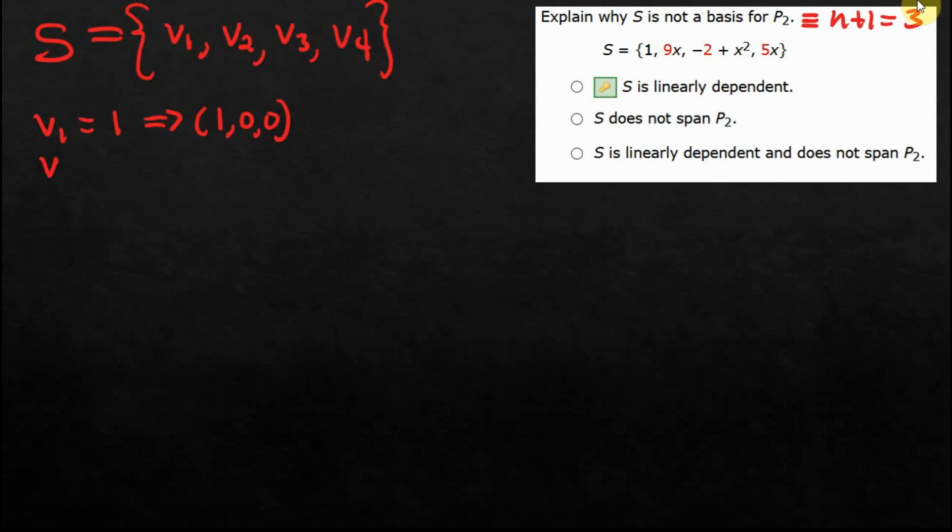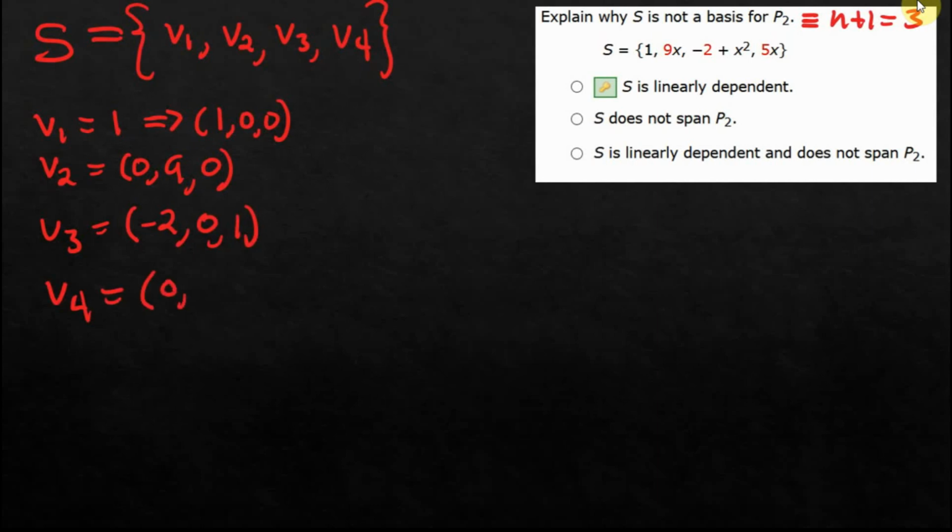V sub 2, it has that 9x, but there's no constant term. So it's 0, and then 9, and then there's no x squared term, so that's 0. V sub 3 is negative 2 comma 0 comma 1. And V sub 4 is 0, 5 comma 0.